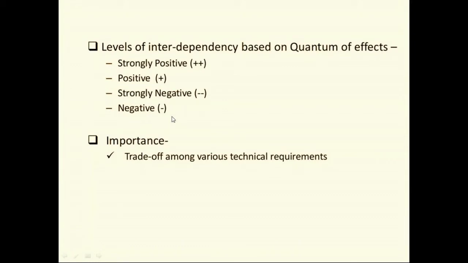The relationship at the roof that we are representing is known as the correlation matrix, because the relationship is between technical requirements and technical requirements. The relationship matrix is the relationship between the customer needs and technical requirements, so it is known as relationship. And when we are finding the relationship between technical requirements and technical requirements, we call it the correlation matrix. So there is a difference between the relationship matrix and the correlation matrix.